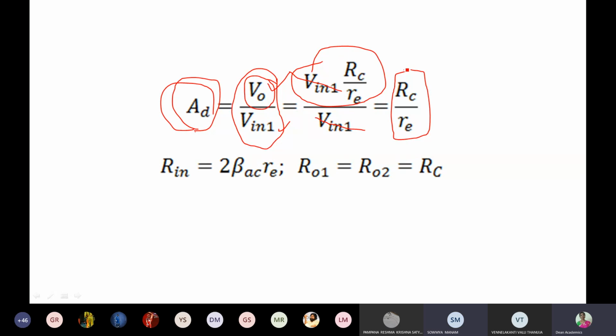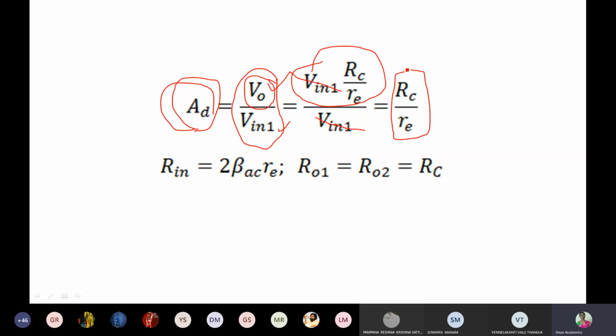RC by RE. Very good. For this single input balanced output also, the differential gain is the same, RC by RE only. That means if it is a balanced output differential amplifier, the gain is same, right?